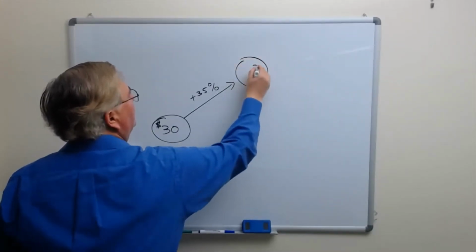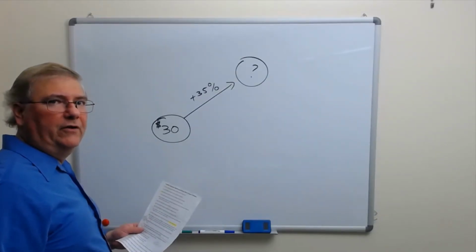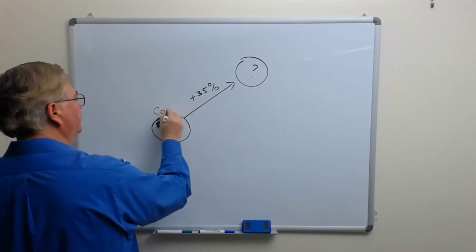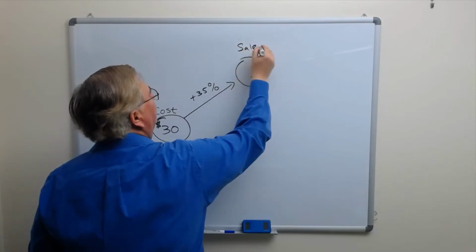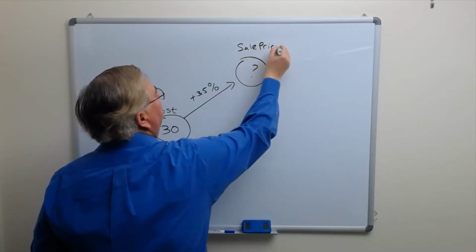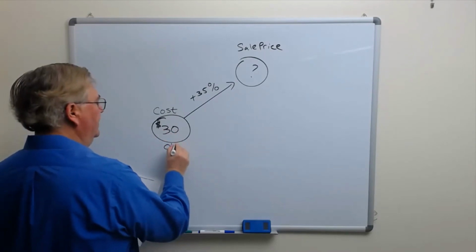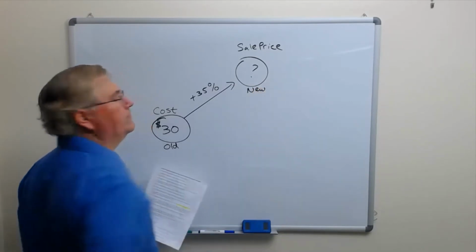And the question is, how much should he charge for the soccer balls if he wants to make a 35% profit on his cost? So his sale price is up here. You could view this cost price as your old price and your sale price as your new price.